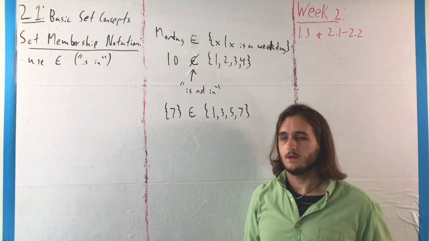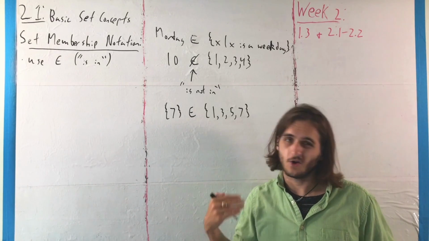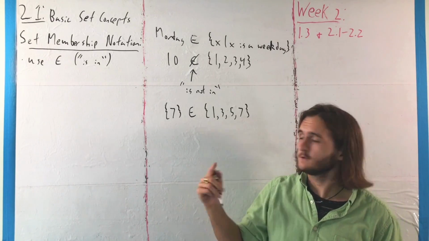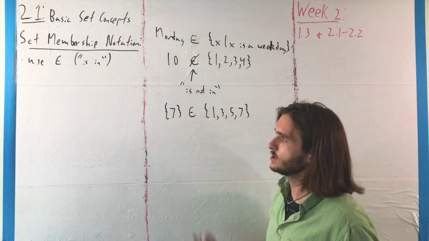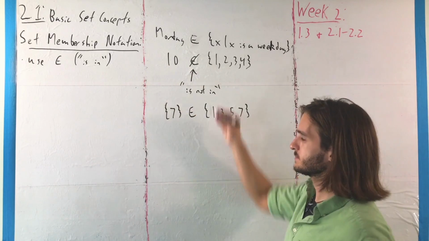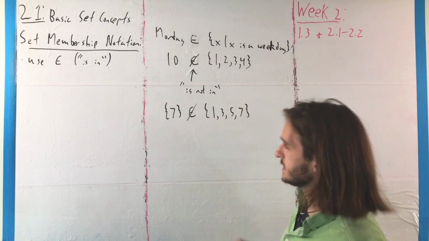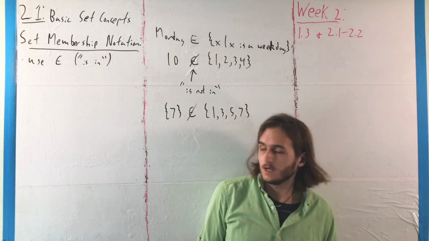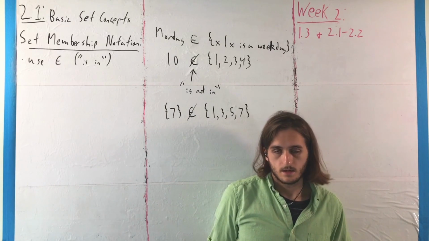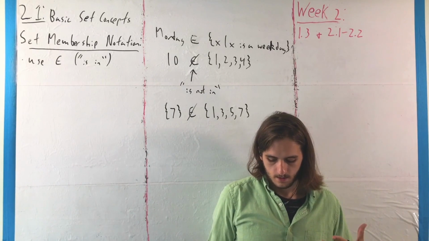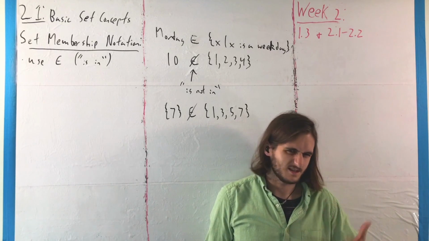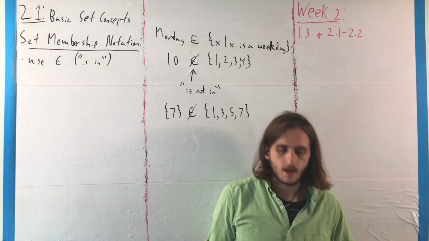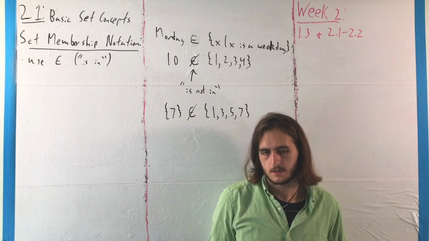Technically speaking, it would take a little bit more notation in terms of a thing called a subset, which is what we'll get to in section 2.2, but for now, the most specific way that we could use this language to talk about this relationship is to say that the set containing 7 is not in the set containing 1, 3, 5, and 7. That's again, something that's a little bit beyond this context.